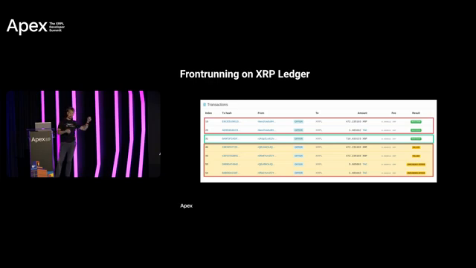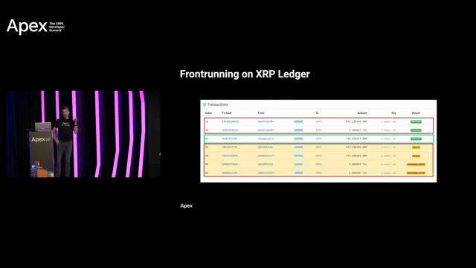It is much more difficult because of the canonical order, and because of the consensus mechanism. XRP ledger uses a voting-based consensus protocol where multiple validators have to reach an agreement on which transactions to include.